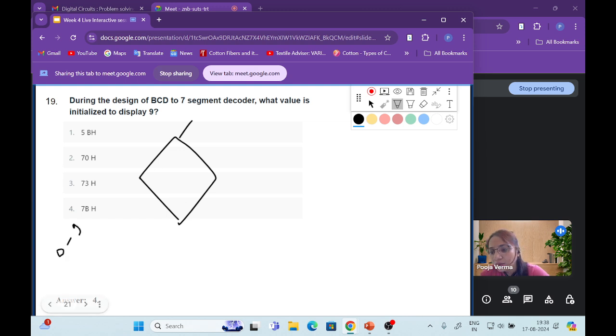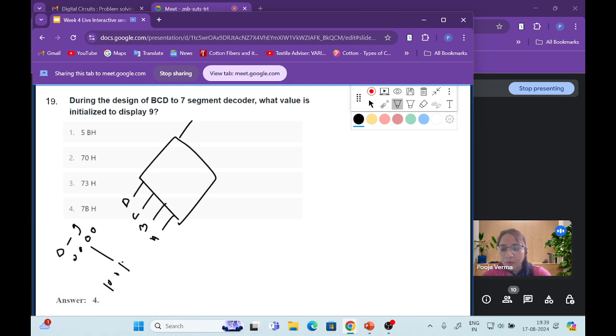So 0 to 9, that means 0 0 0 0 to 1 0 0 1, right? 9, that means 8 plus 1, 9, right? 1 0 0 1. So there must be 4 inputs, right? That means A, B, C, D. Let's see, inputs are A, B, C, D.